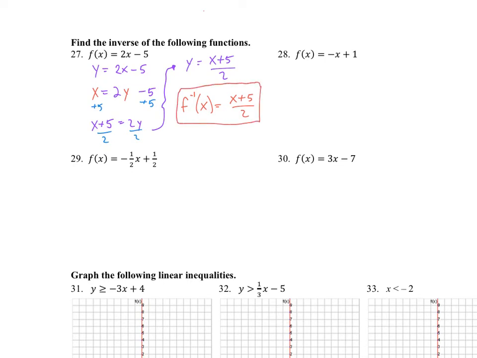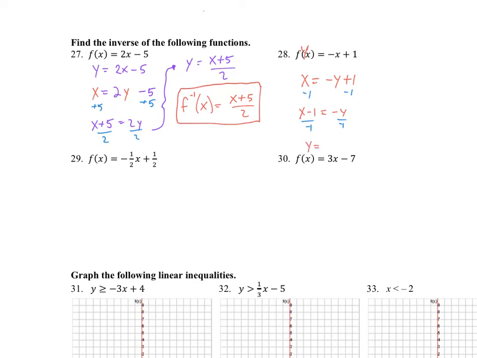So these generally should be pretty easy. You can skip straight to step 2 if you want. So this is going to become a y, and then the x and y are going to switch, so it's going to say x equals negative y plus 1. And solve for y, so I'm going to subtract 1, subtract 1. So x minus 1 equals negative y. Divide by negative 1, divide by negative 1. So y is going to be by itself now.